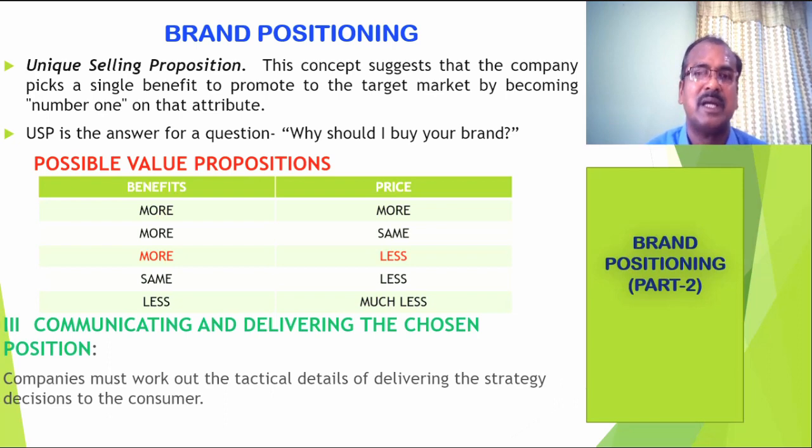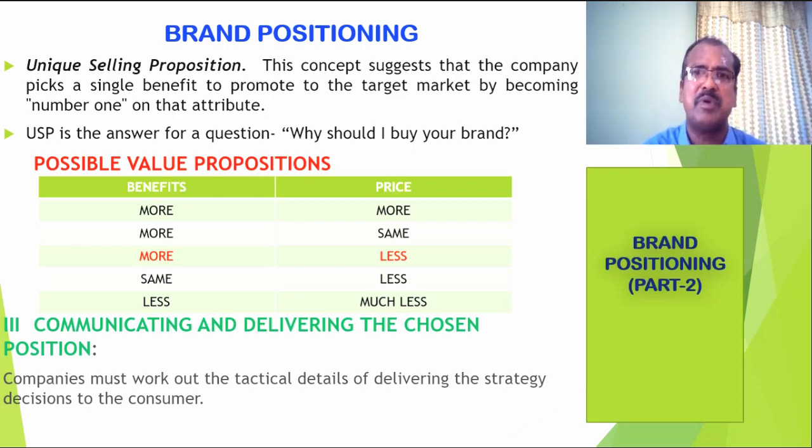The third step in choosing and developing a positioning strategy, after choosing the right competitive advantage, is what? Communicating and delivering the chosen position. This is very important. After you identify the list of advantages and choose the best advantage based on which you develop positioning, you have decided about your USP based on that particular superior competitive advantage.